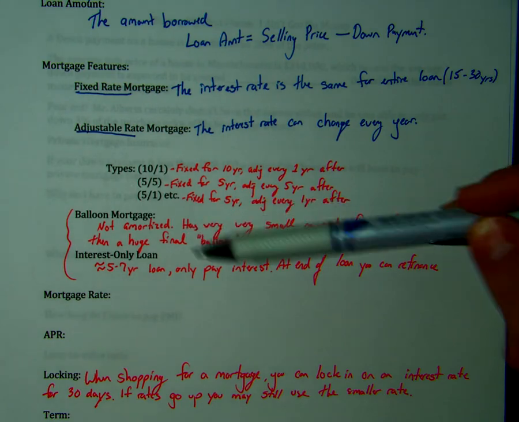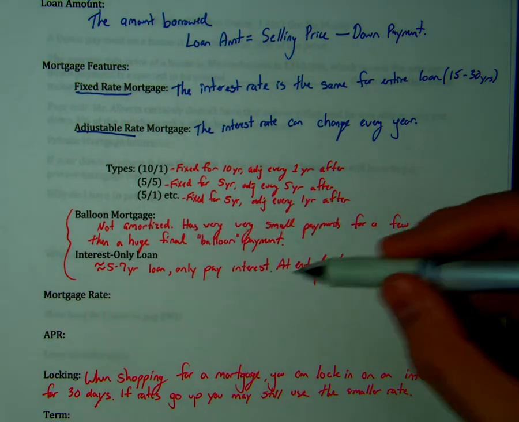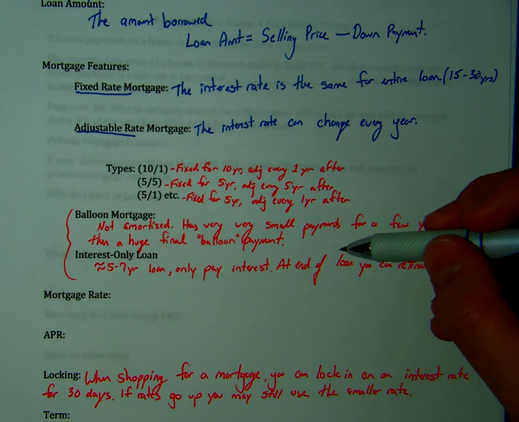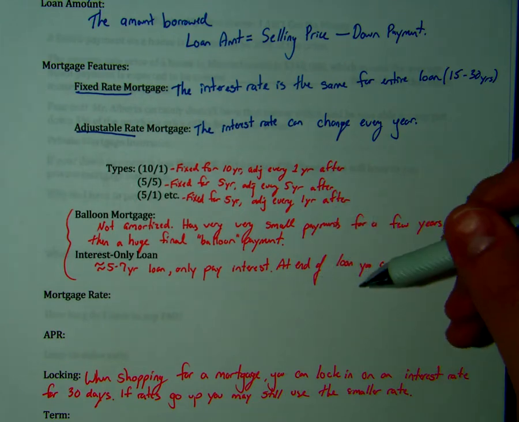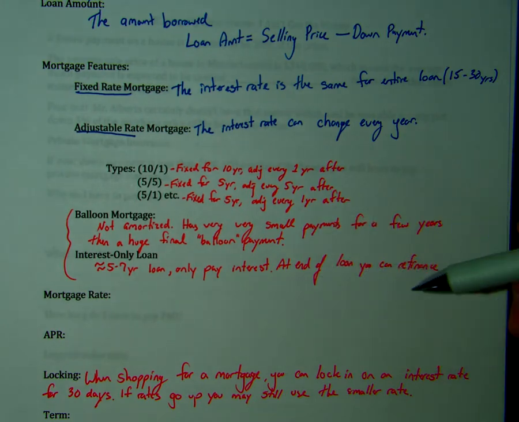But for a balloon mortgage, you pay very, very small amounts of money for a few years, and then there's just a gigantic payment at the end. You would probably never do that. It's mostly used in less common situations, usually not by personal people.